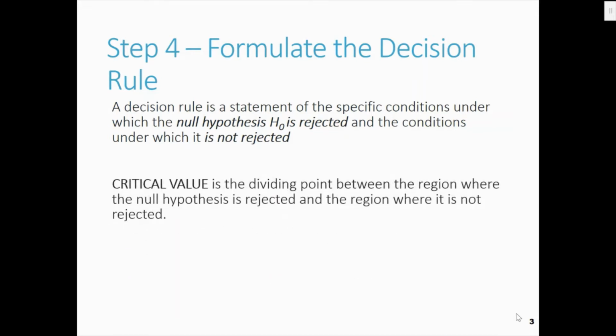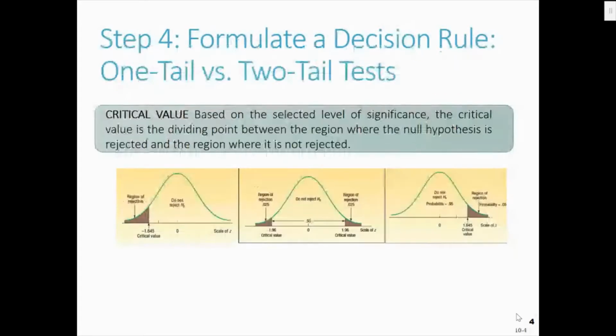Now, how do we do this? We do this through the critical value. The critical value is the dividing point between the region where the null hypothesis is rejected and the region where it is not rejected. So now, we have 3 different cases for this.